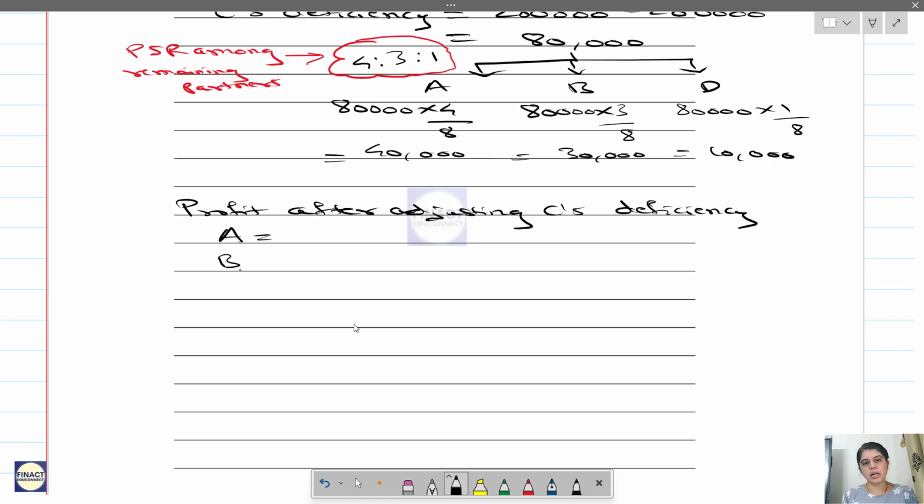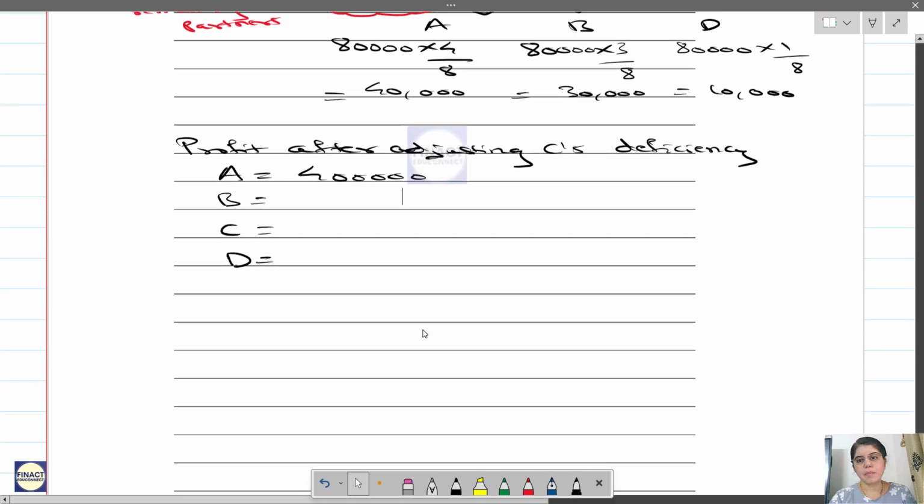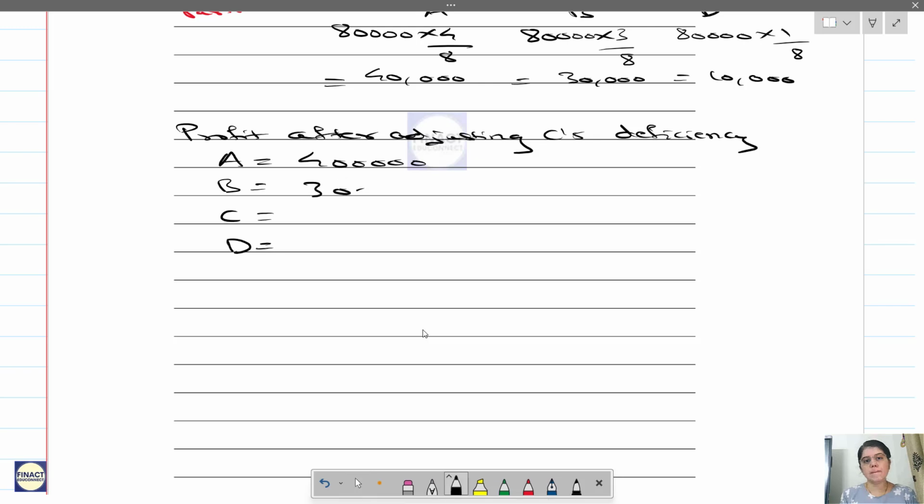We will just write down how much was the initial profit of A, B, C, D. A's profit is 4 lakhs, correct? And then B's profit is 3 lakh, C's profit is 2 lakhs, and D's profit is 1 lakh.